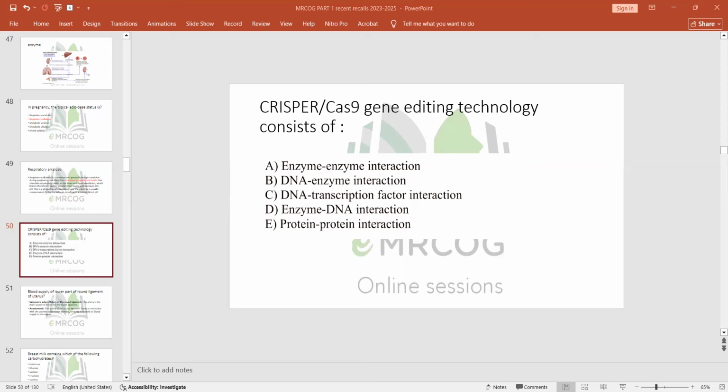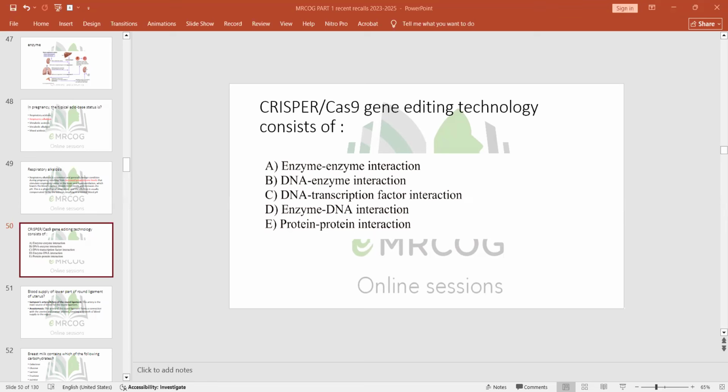Cas9 is an enzyme, okay, and CRISPR itself is the DNA sequence that you are going to use later on. So CRISPR is the DNA sequence found mainly, I think, in bacteria, in which they had this technology first.